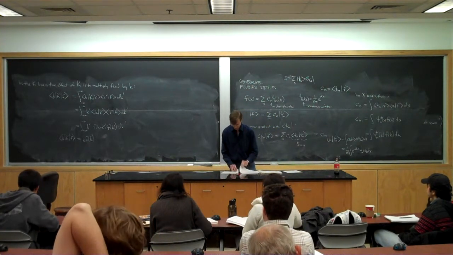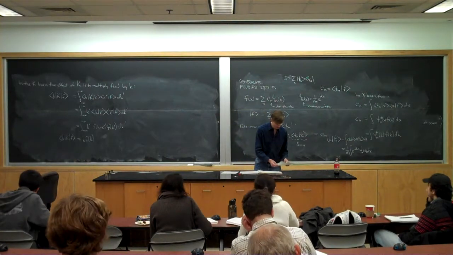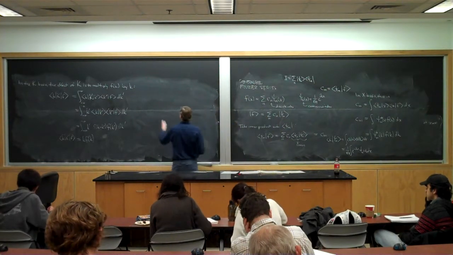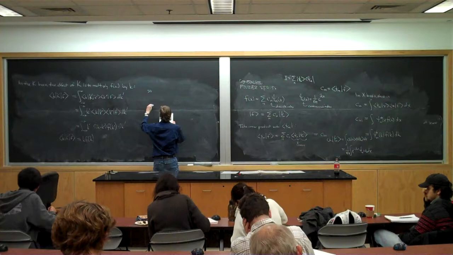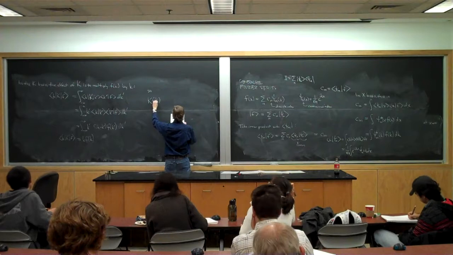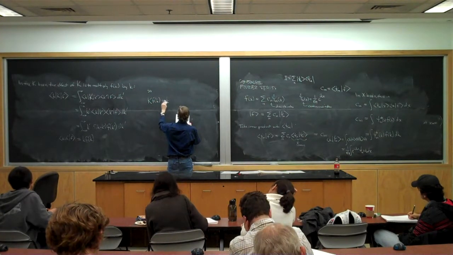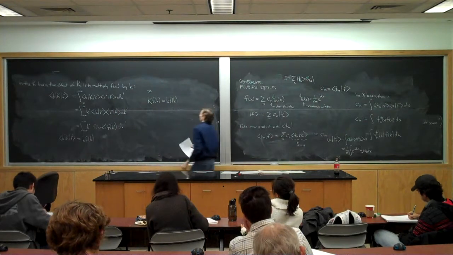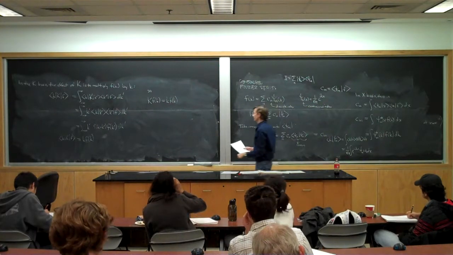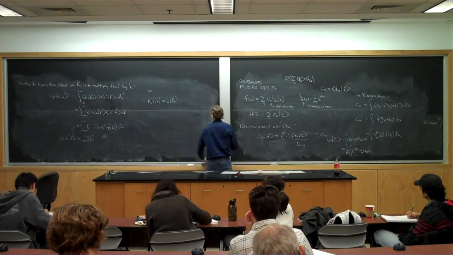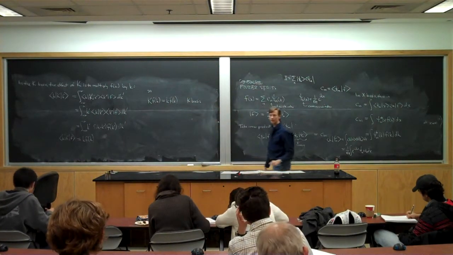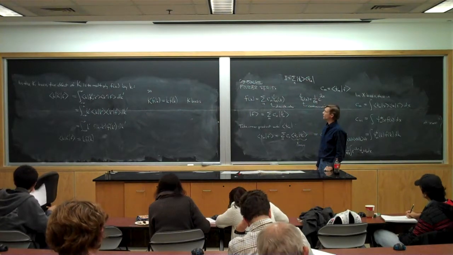So we have the following table: the k operator applied to some function of k is equal to just multiplication by k. The k operator applied to some function of k just means multiply that function by the variable k in the k basis. Application of k means multiplication by k.